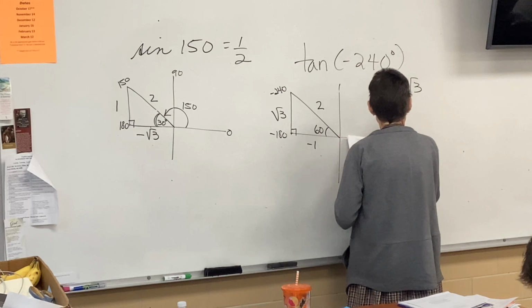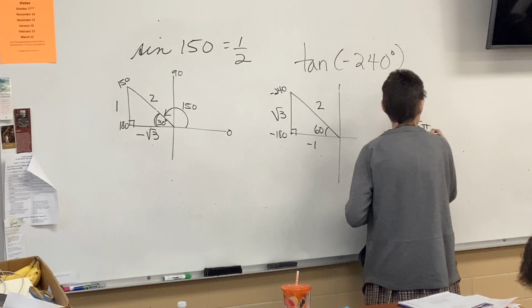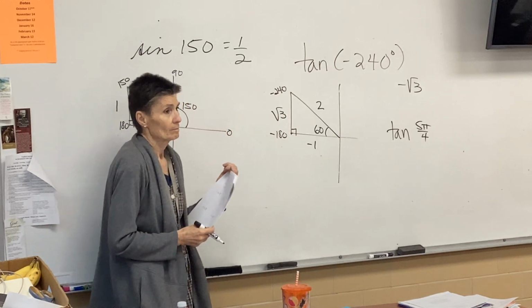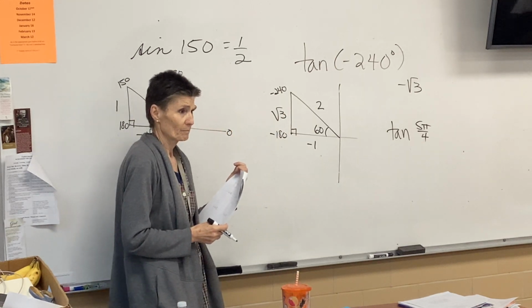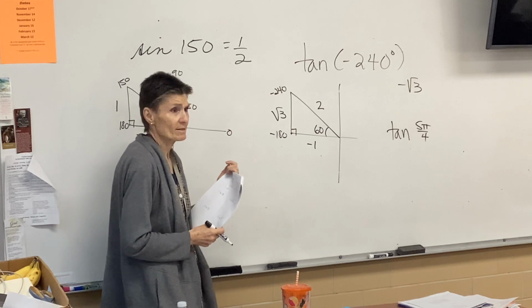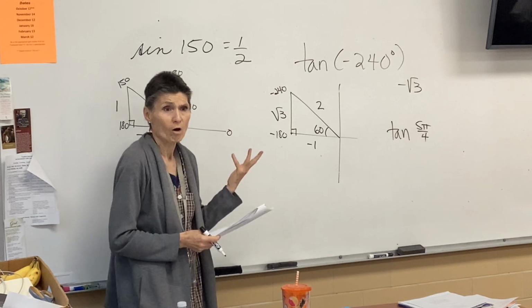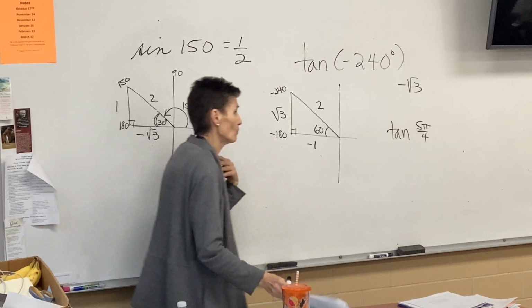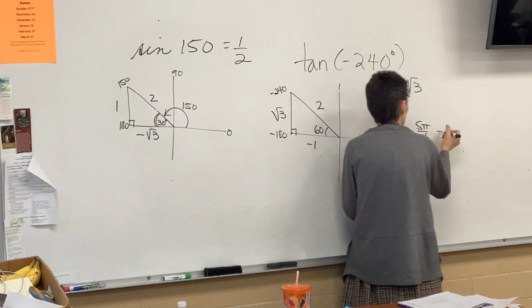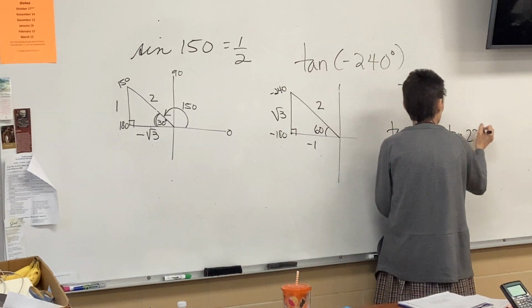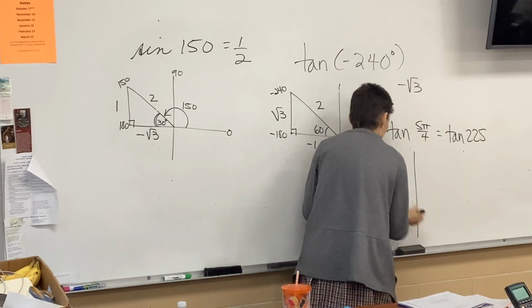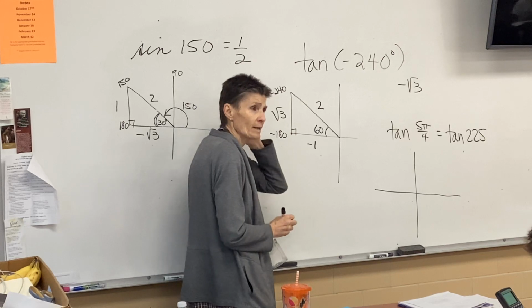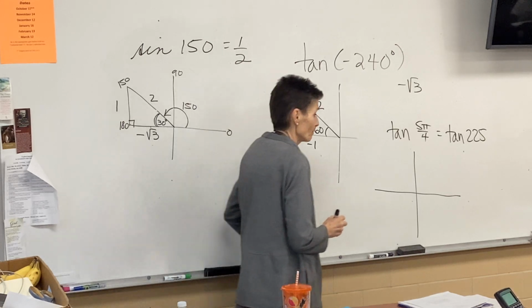Tangent 5 pi over 4. What do you think you'll do maybe before you get started here? Figure out what that is in degrees so that you can draw it more easily. So what is 5 pi over 4? 225. So then, here we go, we're going to draw 225. Now where's 225?